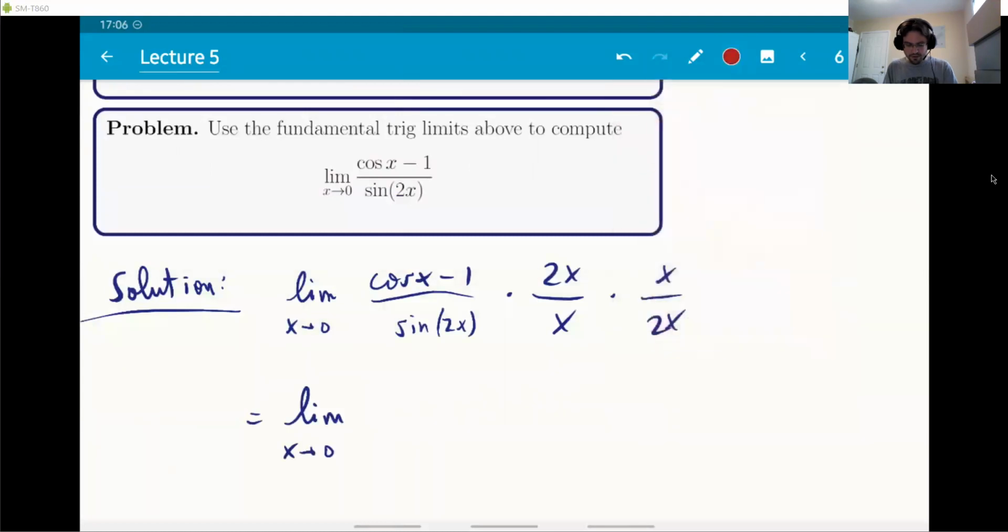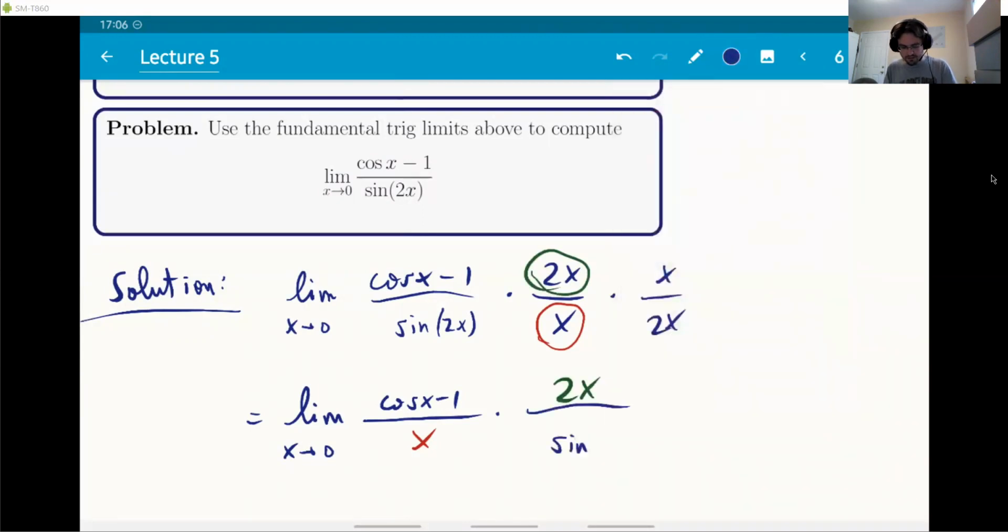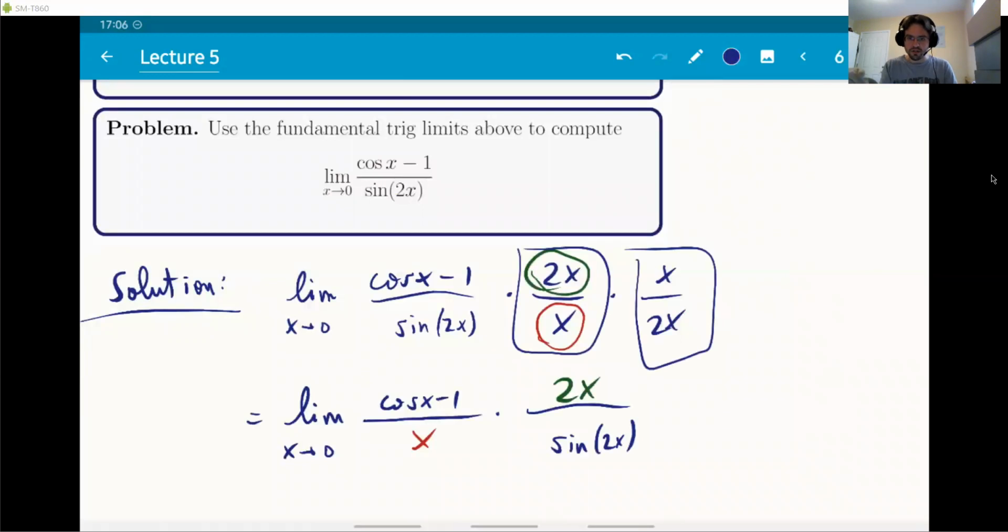Essentially, the reason for introducing this x was that we would like to have it downstairs here with the cosine term. And the reason for introducing this 2x is that we would like to have it upstairs for the sine term. Finally, the reason for introducing the other guys was, well, because we cannot simply multiply by this term. That would be changing the function, so we changed it back. So we have to do something about those extra guys.